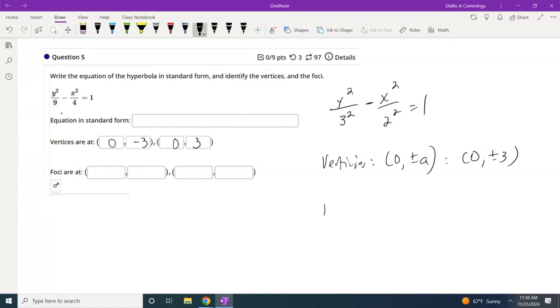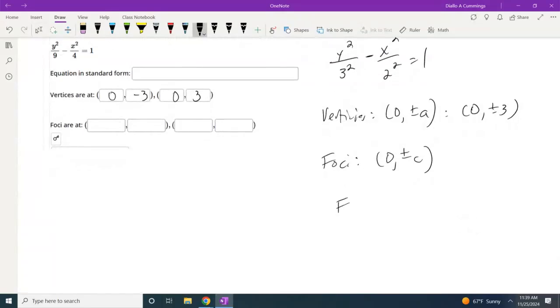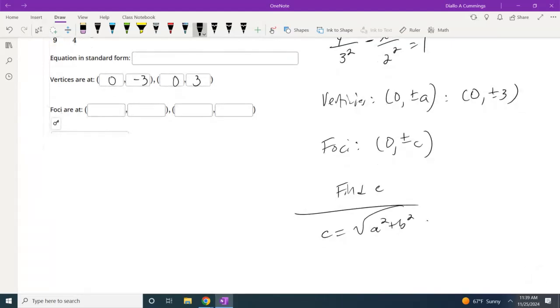In order to find the foci, our model form says that the foci points are 0 comma plus or minus c. So if we find c by using that formula, that's the square root of a squared plus b squared. A squared is 9.